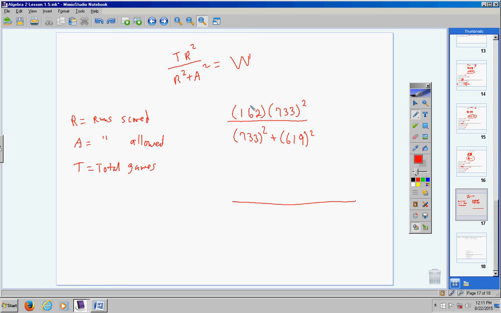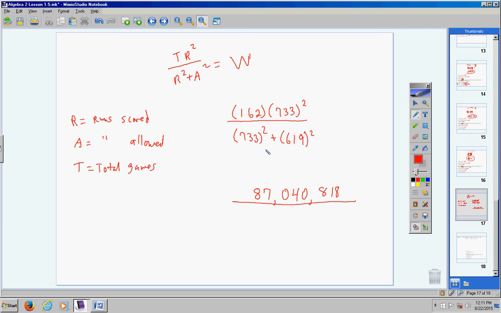Then take that times 162, and you will get 87,040,818. So again, you took 733 squared times 162.